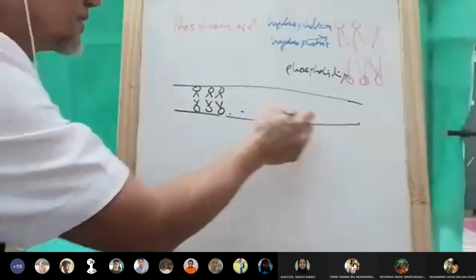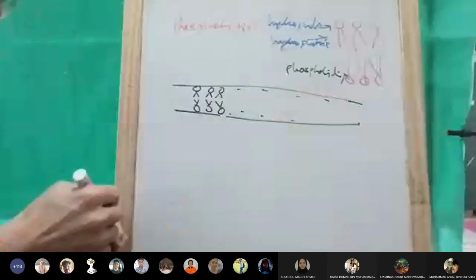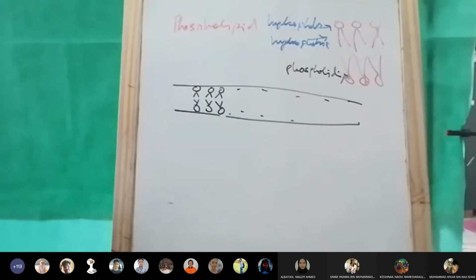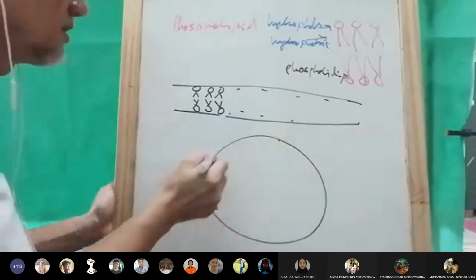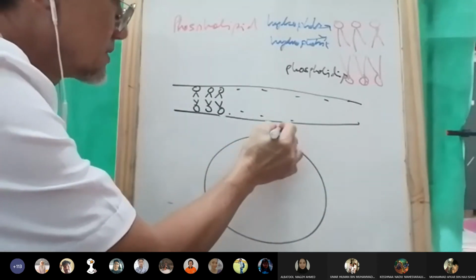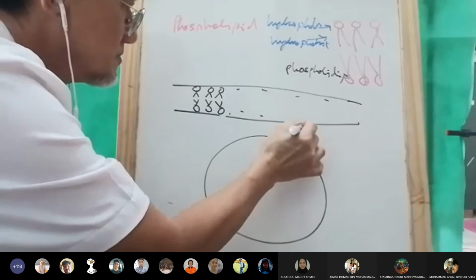You can continue drawing that. Question: if let's say the cell membrane only has phospholipid as its content, what will happen to the cell? Imagine that the cell membrane is 100% phospholipid.